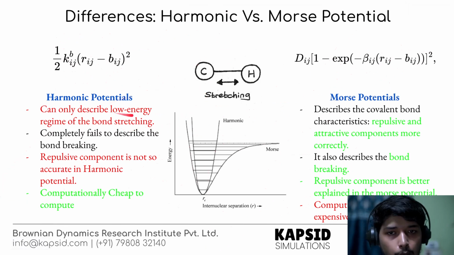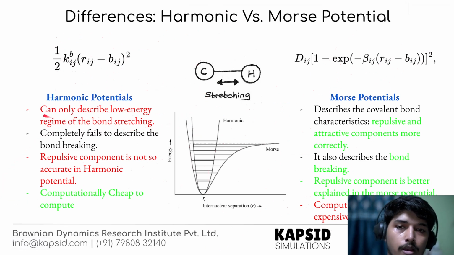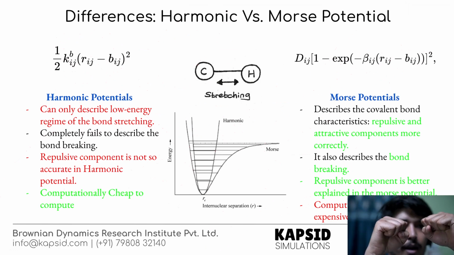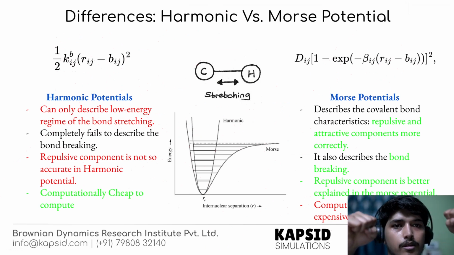Now there are problems with harmonic potential. For example, in the low energy regime, that's the only part where you can compare the harmonic and the Morse potential. So think of a situation when you haven't done an energy minimization of your system, and there is some atom that is double the bond length.